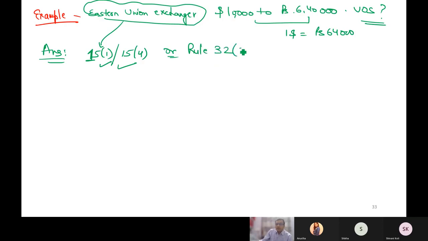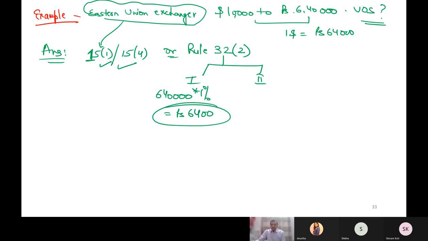Within rule 32, I found that it is rule 32 sub rule 2, in which there are two options, option 1 and option 2. If the person goes by option 1, where one of the currency exchange is Indian rupee, and the RBI reference rate is not available, then the answer is flat Indian currency involved multiplied by 1%. So the answer under option 1 will be 6,400 rupees.